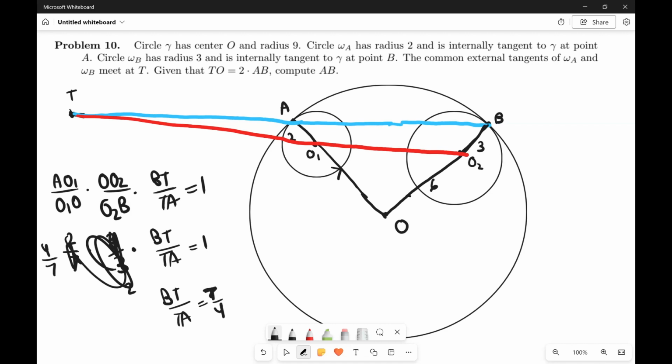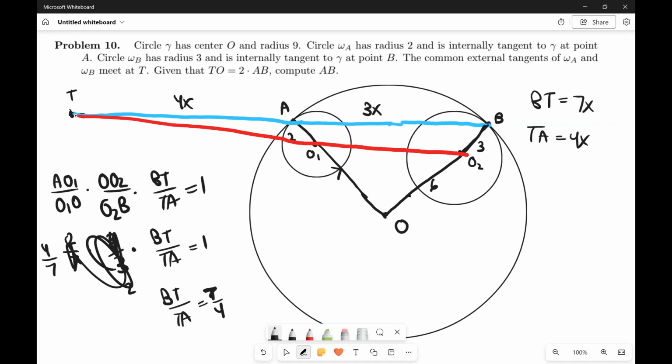So that means that we can let BT be equal to 7x for some positive real number x, and TA is equal to 4x. In which case we have that this is 4x and BA is equal to 3x. So finding x will actually suffice.